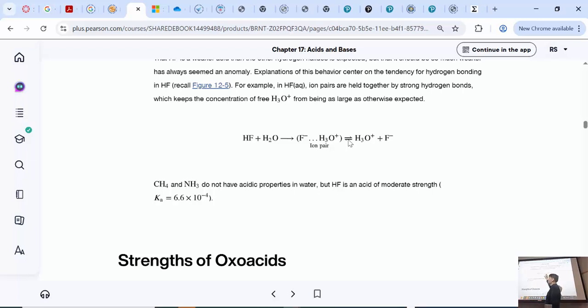And so the ion pair reduces the effective concentration. So the effective concentration for HF is much lower than the stoichiometric concentration, and therefore it's a much weaker acid than all those others. Ion pairing is not an issue with the chloride, bromide, and iodide because those are quite big and not so dense in negative charge.